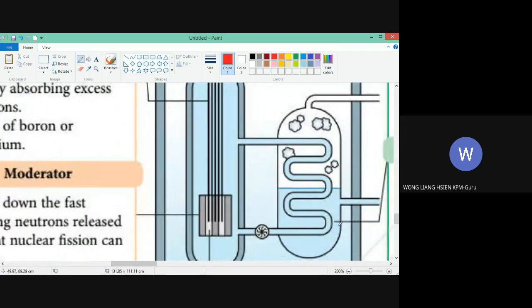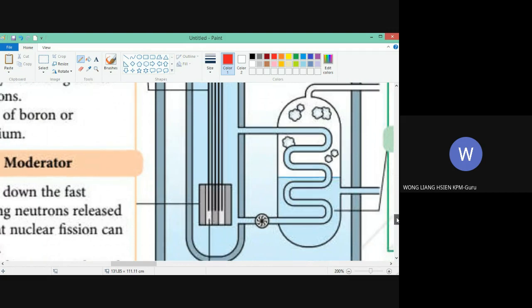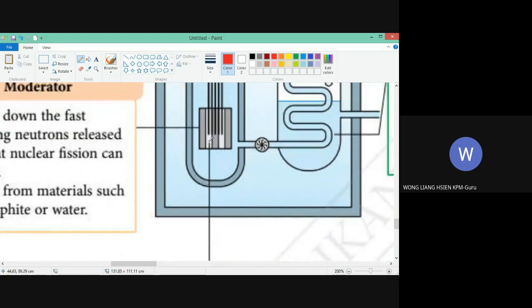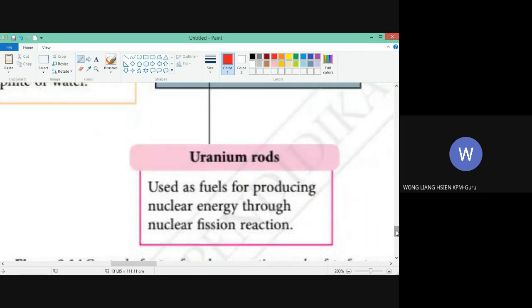this one, the white color one, is labeled as the uranium rod. The uranium rod is used as fuel for producing nuclear energy through nuclear fission reaction.